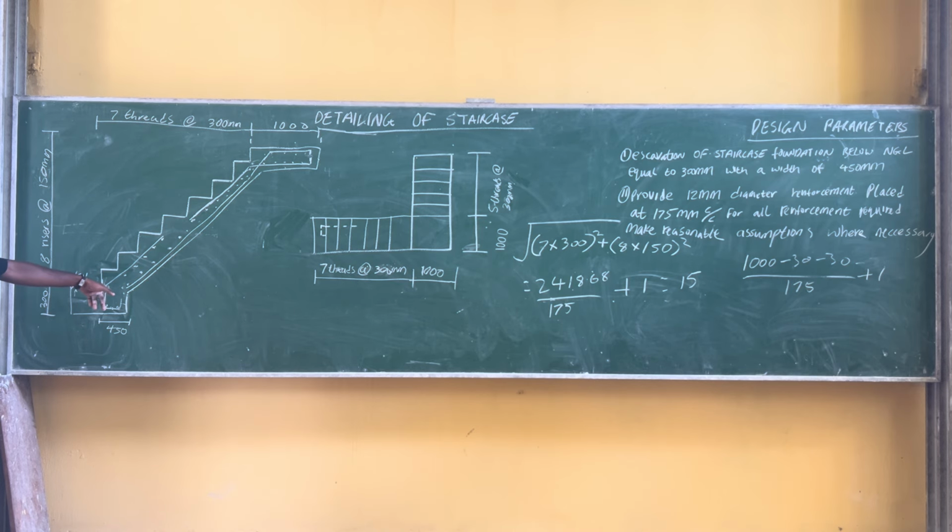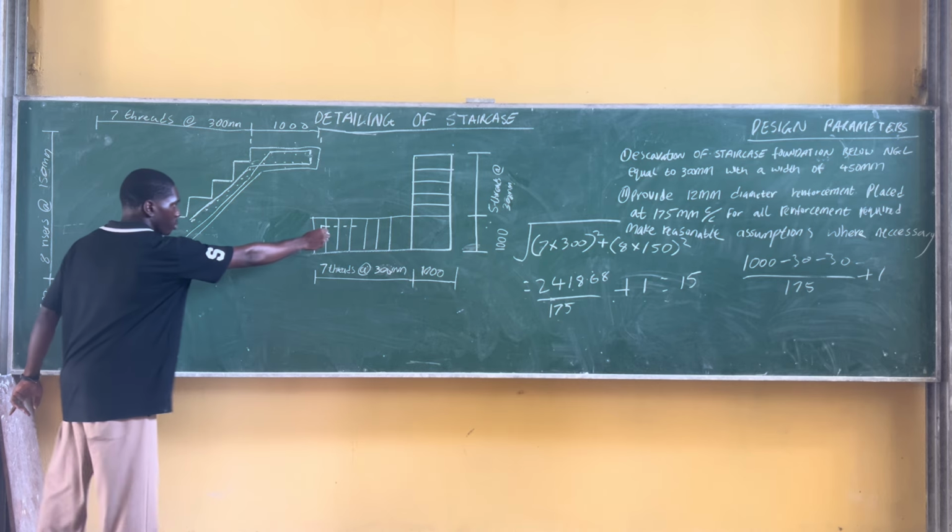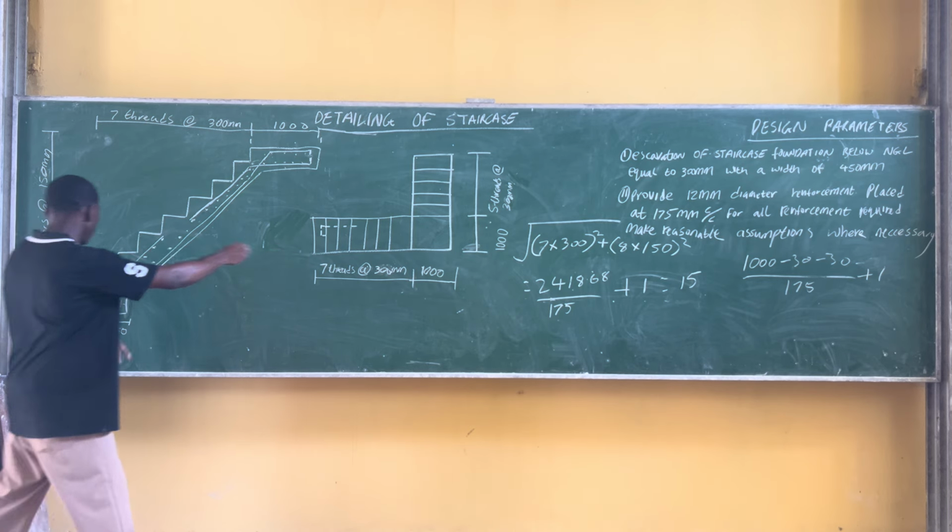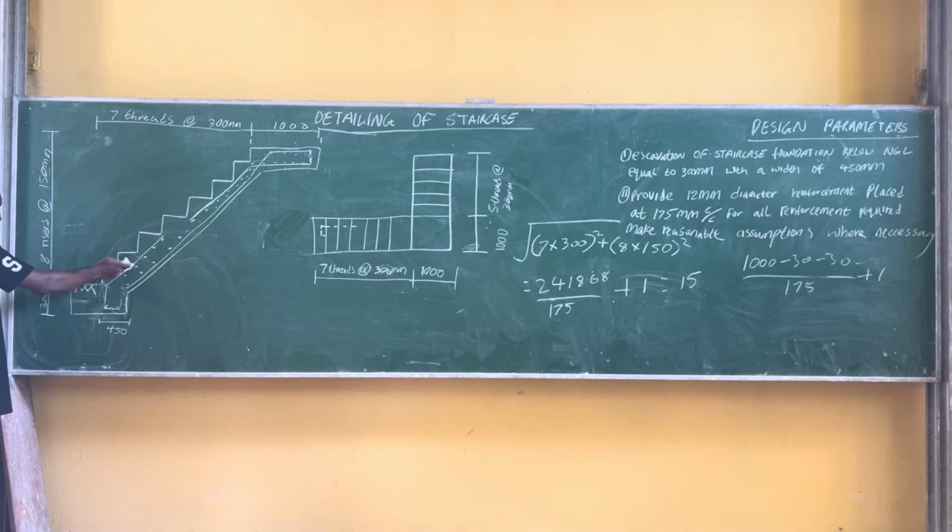This reinforcement represents the foundation, this span of the reinforcement span, from the thread down to the foundation. It is this 3 plus this 2 plus the 3. That is 6, 7, 8, 9. We are getting 9 reinforcement.